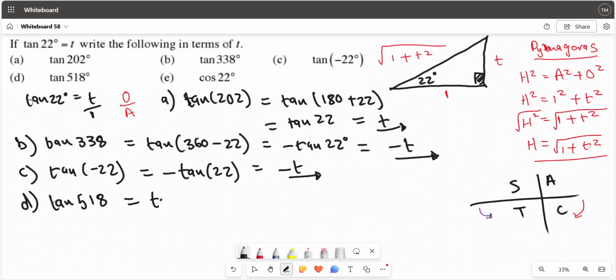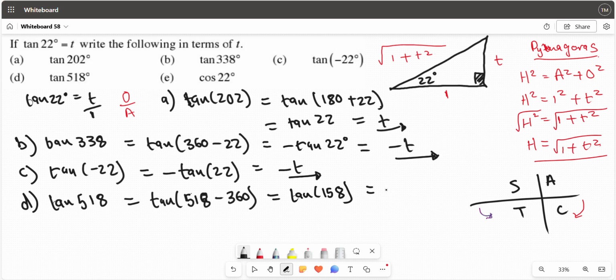So tan 518 is tan of 518 minus 360. Nothing really happens to the ratio because it does a whole rotation and puts us back into the same quadrant. So this just stays as tan 158. Nothing happened to the ratio again.